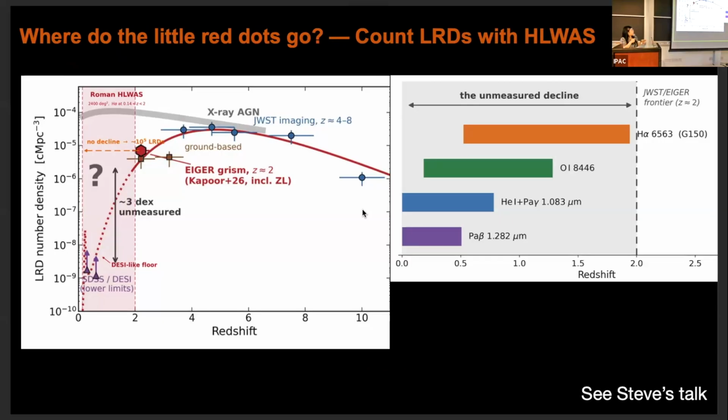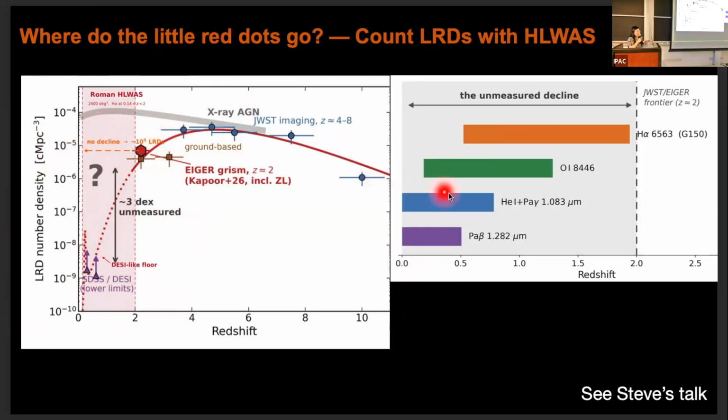So here we are showing the Roman High Latitude Wide Area Survey. The High Latitude Wide Area Survey will cover more than 2,400 square degrees, which enables us to capture H-alpha at z of 0.5 to 2 in the grism spectroscopy. So this is exactly the redshift where JWST is missing, and this is exactly the redshift where the different models are starting to diverge. And this arrow is showing you the expectation from the different models.